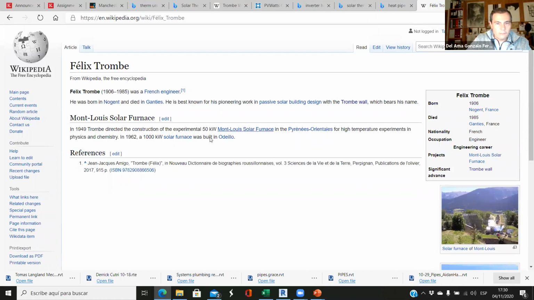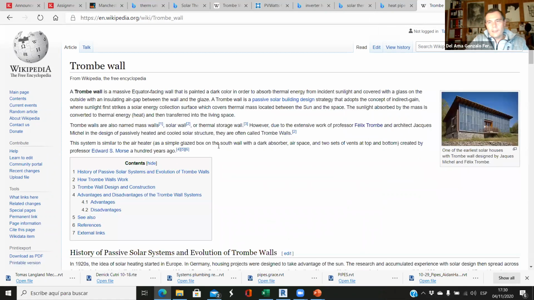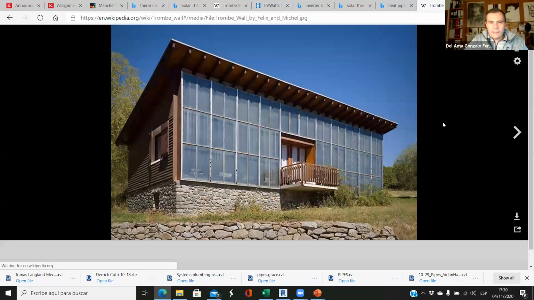We don't have pictures. Anyway, he was a French engineer, and he designed this. We are talking about 1950, so it's not something new. But this is the idea.